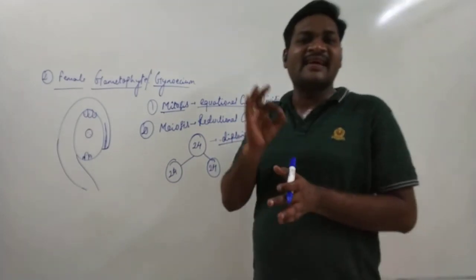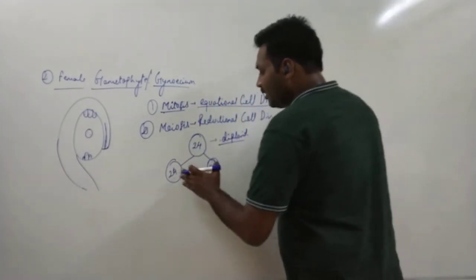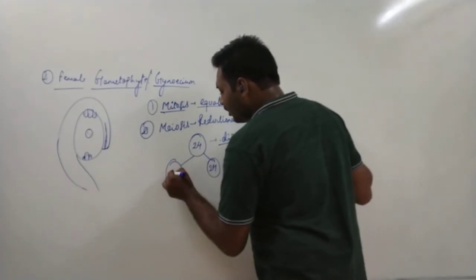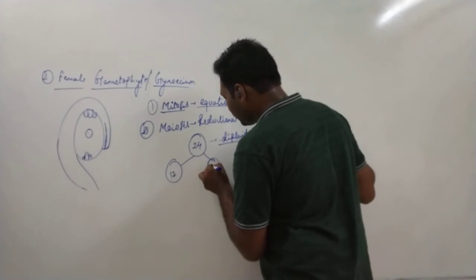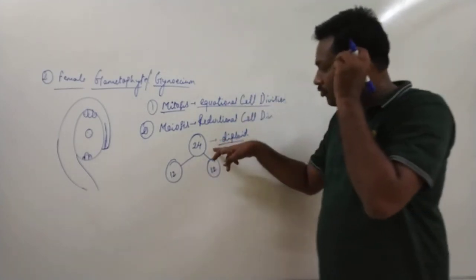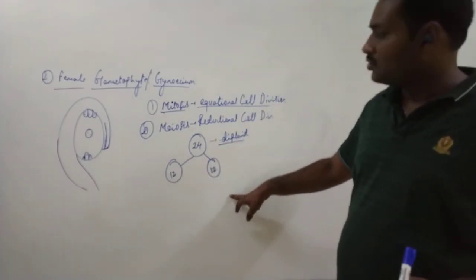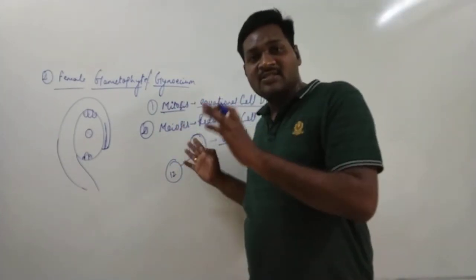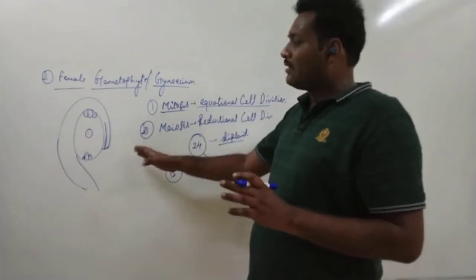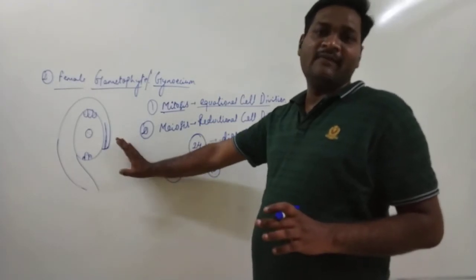Haploid means a single set of chromosomes. So there will be division, like here there will be 12 and here there will be 12. So the number of chromosomes is reduced. So what is it called? Reductional cell division.